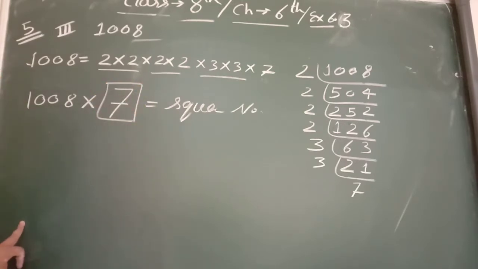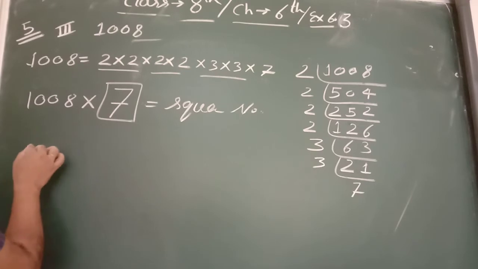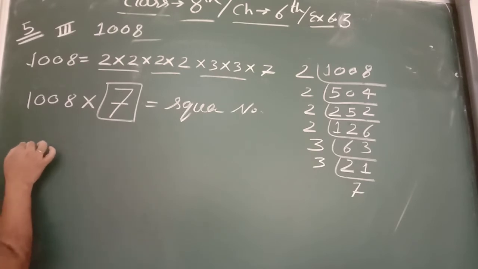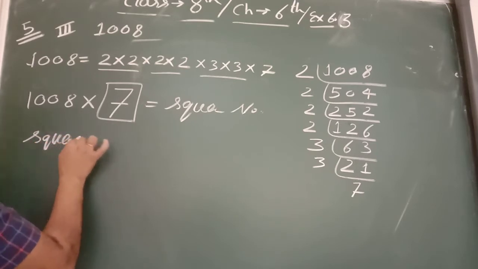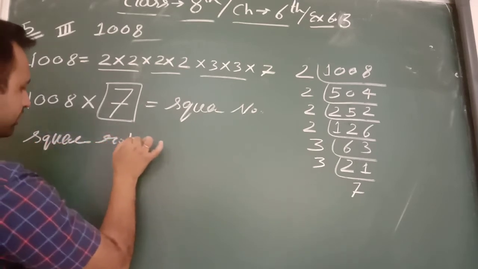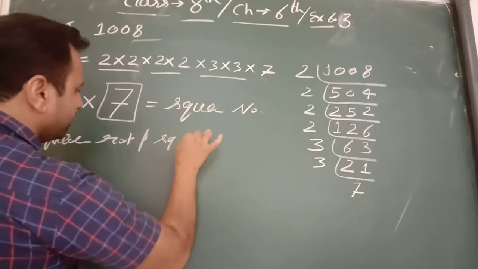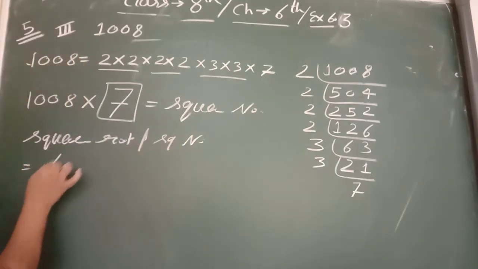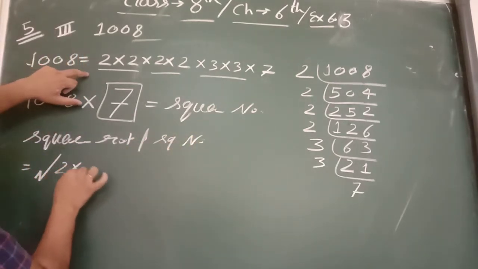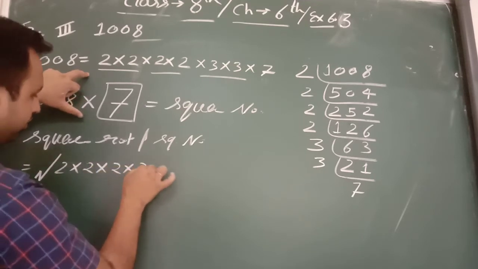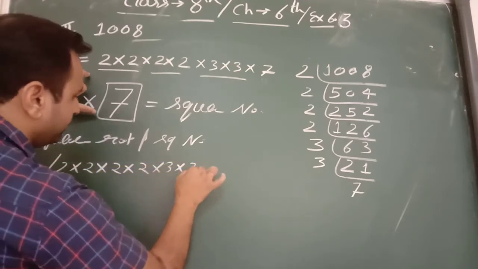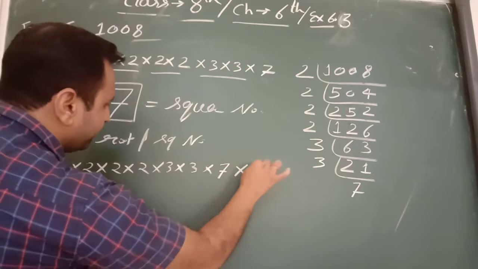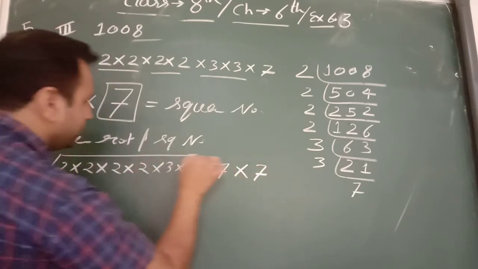Now we have to find the square root of this number. So the square root of this square number, we show the multiplication by 7.